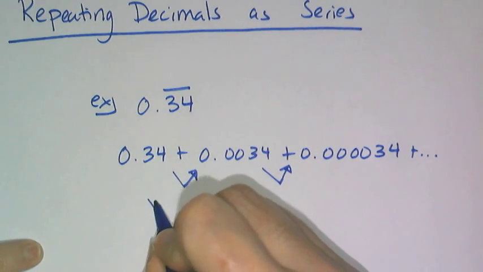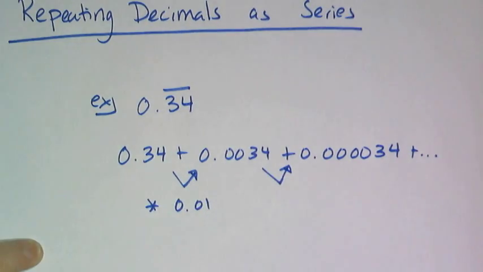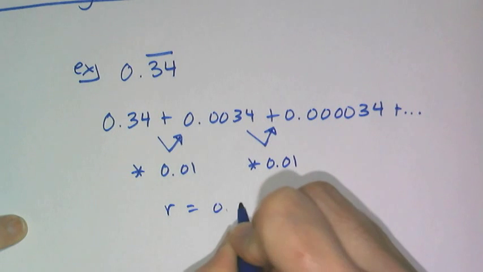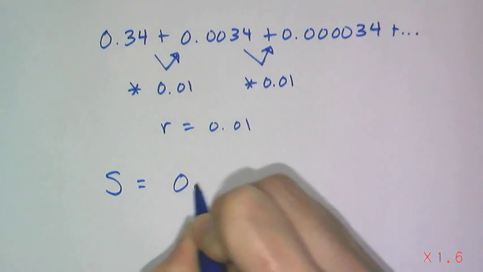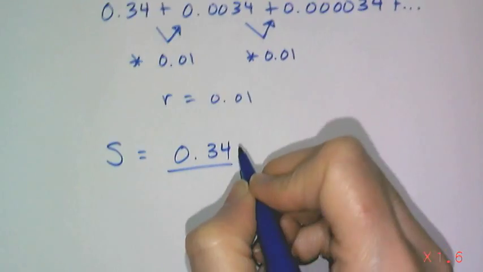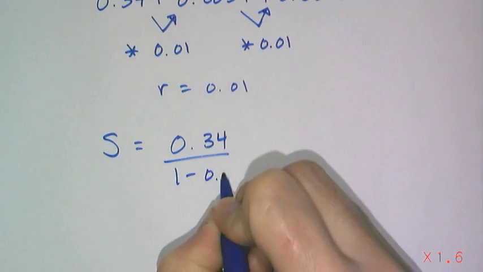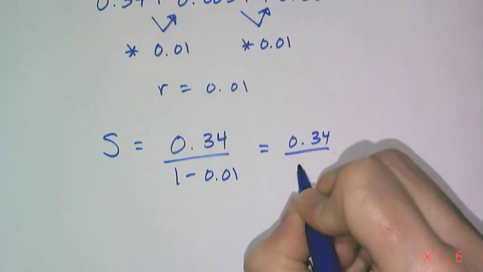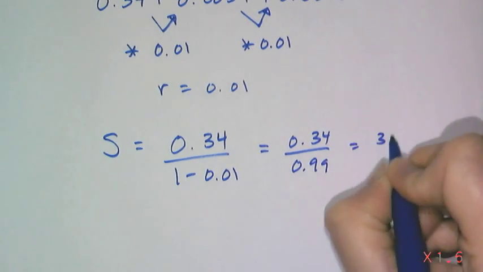In this case, the multiplier is 0.01. So therefore, my common ratio is 0.01. First term, which is 0.34, and then 1 minus that common ratio, which is 0.34 over 0.99, or 34 over 99.